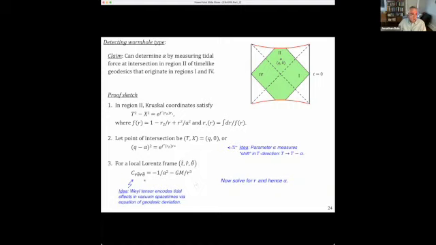So the proposal is, let's measure the tidal force at the point of intersection. That gives us a value for this component of the Weyl curvature tensor. We can then solve for R in the formula in step 3, and then use that value of R in the formula in step 2 to get a value of alpha.